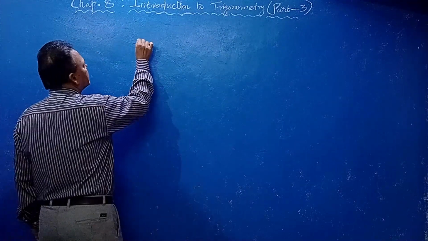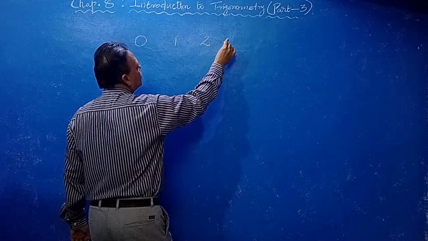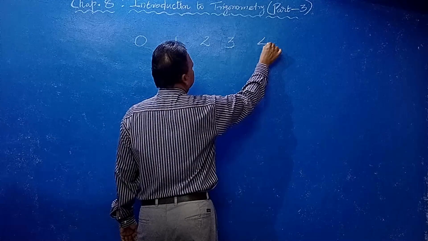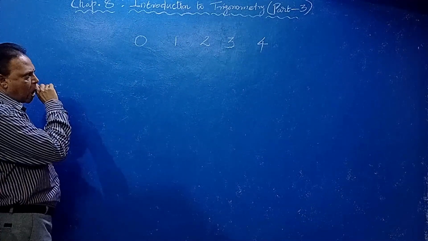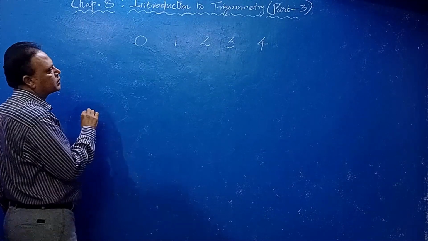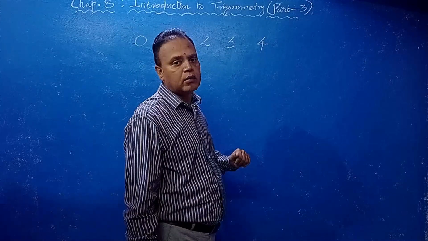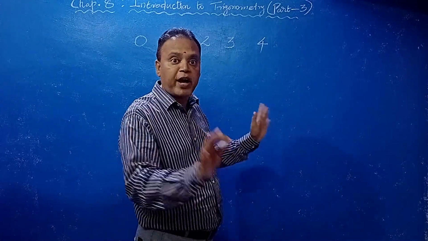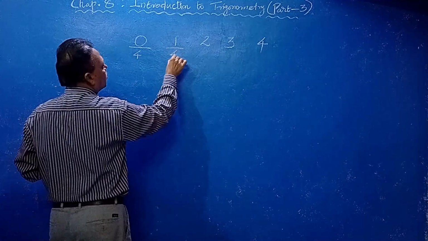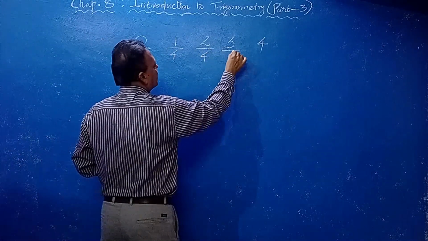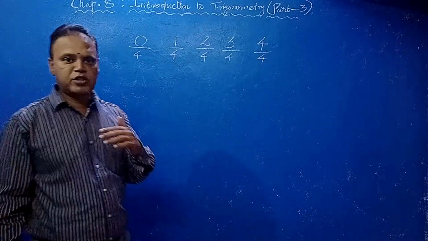You know this very well, 0, 1, 2, 3, 4. This value you write. Next, what you have to do is, at last what you have written, 4, divide all the values with it, that means 0 by 4, 1 by 4, 2 by 4, 3 by 4, 4 by 4.